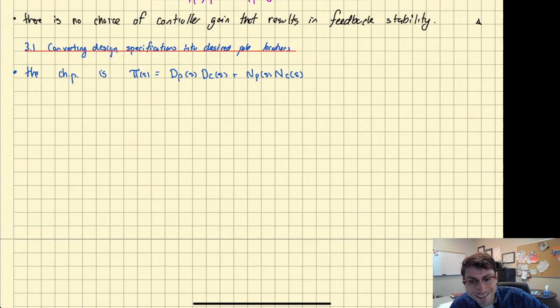For our design purposes, we are going to assume that that polynomial is second order. Remember that in chapter 2, we derived all these equations for settling time and all that stuff for a second order underdamped system. And so to motivate these equations, we're going to assume that this polynomial is second order.